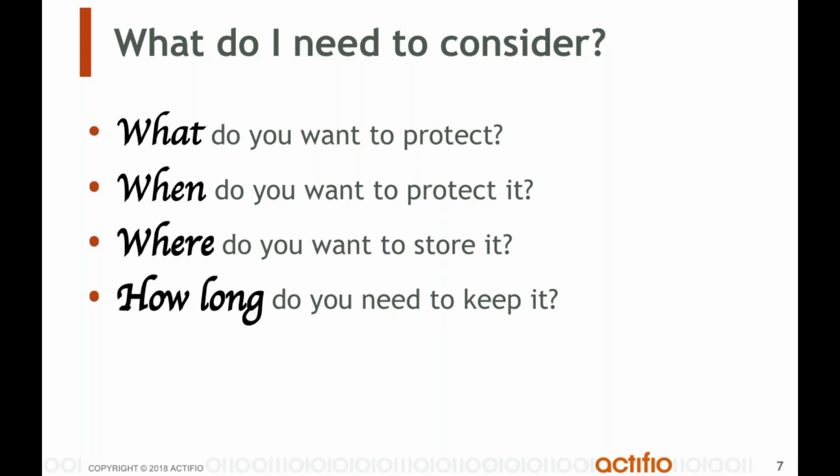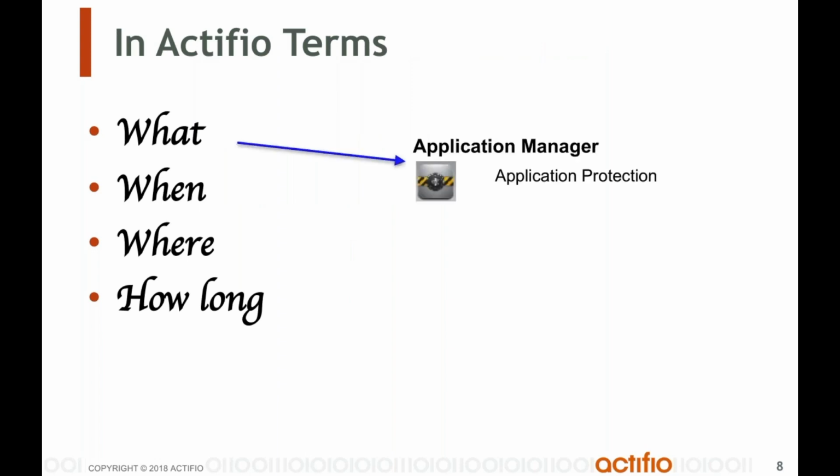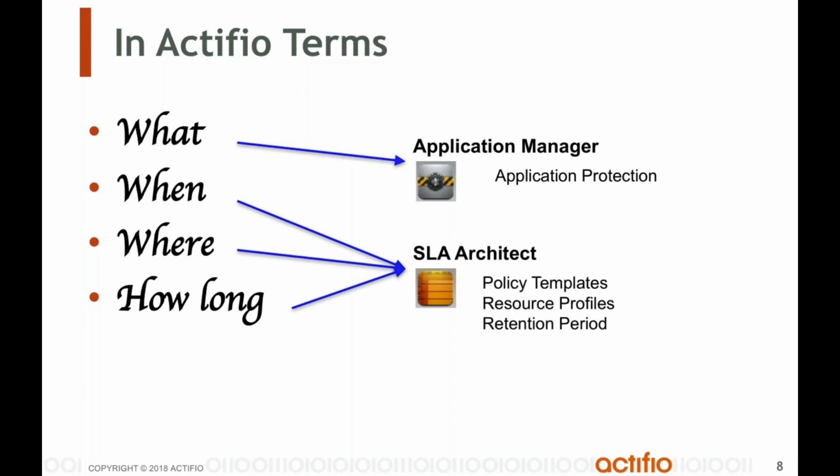Within Actifio terms, we can take these 4 and define the what within the application manager as part of application protection. And the when, the where, and the how long are all a part of the SLA Architect. In our terminology, we define when as policy templates, the where as resource profiles, and the how long as the retention period.